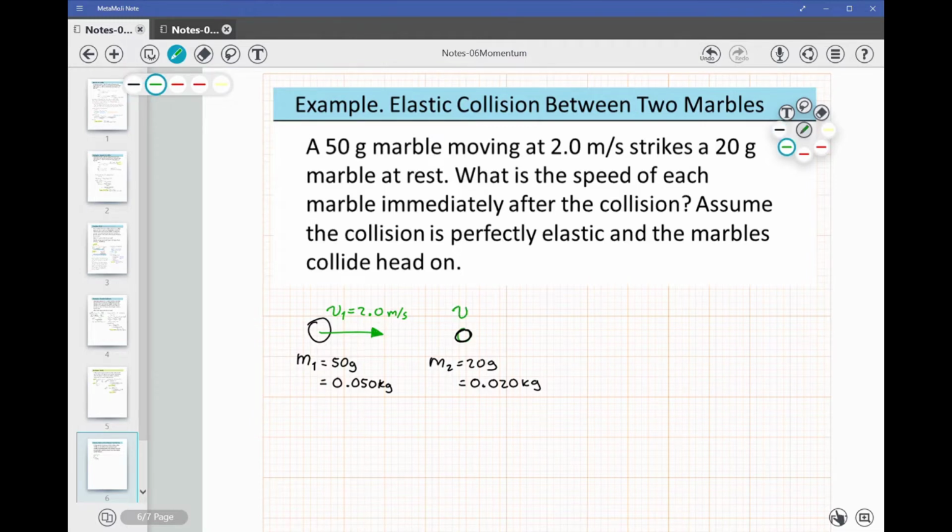So the velocity of marble 2 at the initial time is 0. So these are initial velocities.